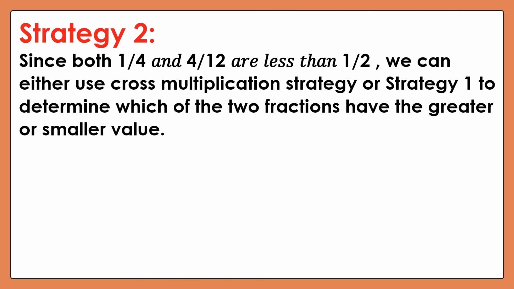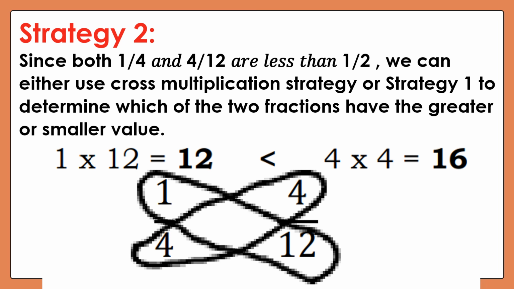Since both 1/4 and 4/12 are less than 1/2, we can either use cross-multiplication strategy or strategy 1 to determine which of the two fractions has the greater or smaller value. 1 times 12 is equal to 12. 4 times 4 is equal to 16.